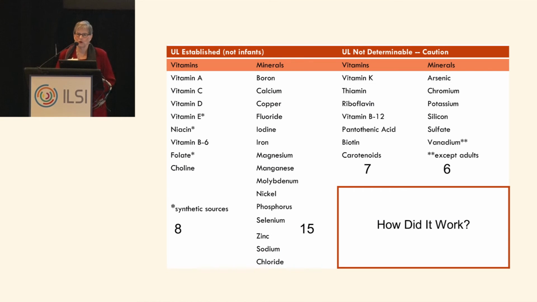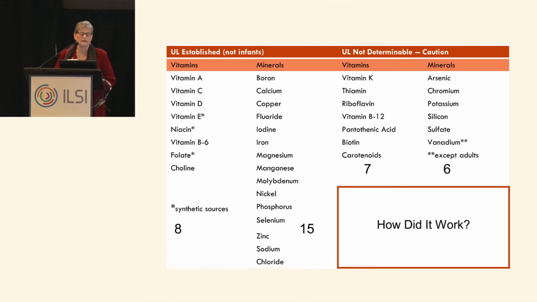So how did it work? How did the whole UL process work? Well, they were able to establish, out of around 40-some nutrients and food substances, ULs for 8 vitamins and 15 minerals. They did not establish for 7 vitamins and 6 minerals.